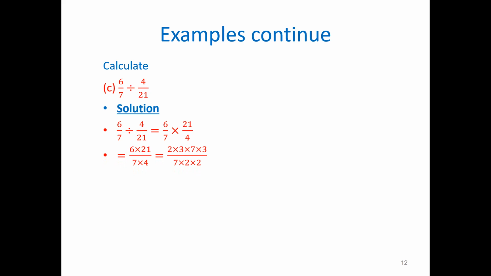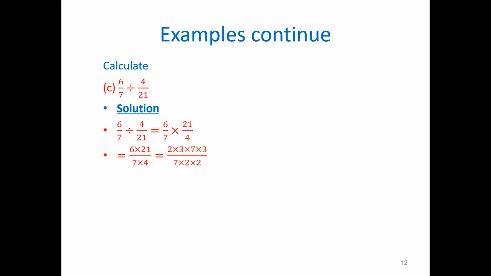But before you multiply these numbers by each other, you can simplify it now. Okay, how? You can factorize 6 and 21, you can factorize 7 and 4, and if there are some common terms that can be cancelled from the numerator and denominator. Instead of doing the multiplication and then the simplification, no, before you multiply, you simplify it.